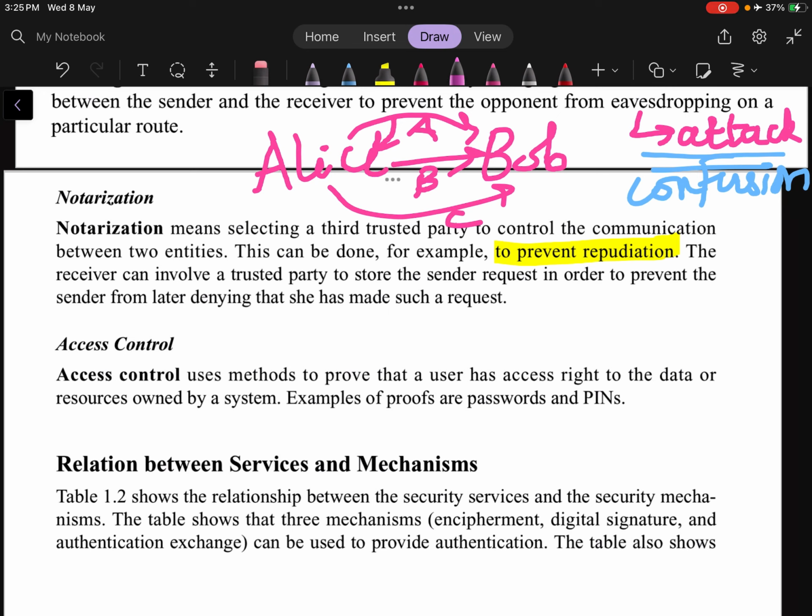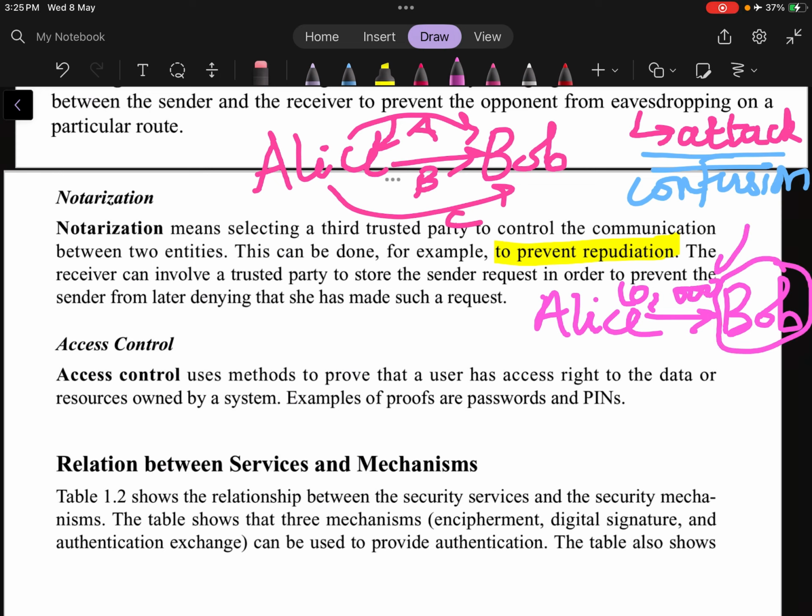So what will the receiver do? Suppose Alice is the sender and Bob is the receiver, and Alice is saying, Bob, please transfer a sum of 10,000 rupees. Then Bob will record this message and send it to a third party, say Sam. And this Sam here is a third party. What will Sam do? Sam will keep this message intact.